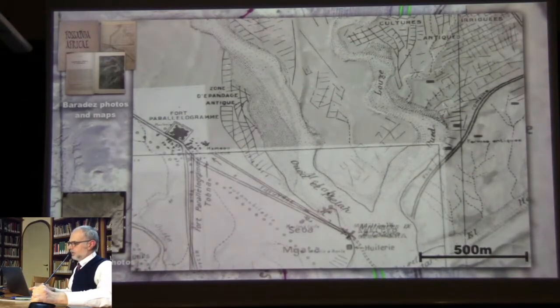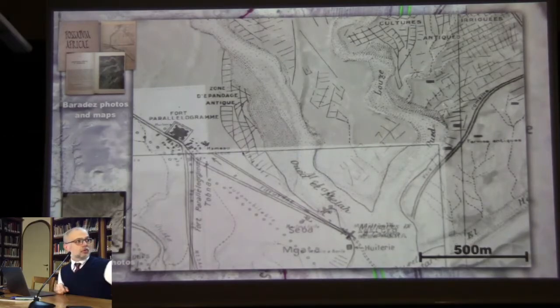You see different overlays. One of these was used by Paula in the previous presentation. And Fort Parallélogramme is here. We went to Fort Parallélogramme in 2018. We went back this year, and this time we decided to go on a trip to try to identify this area of ancient cultivations.